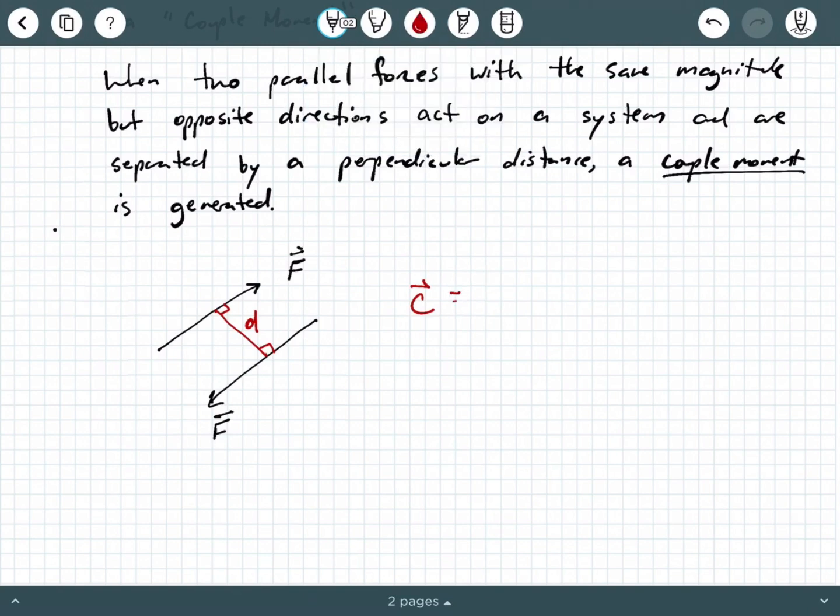You have a couple moment, which is still a vector, that is equal to D times F. Now, if you want to put this in vector form, it is still a cross product, D cross F or R cross F. In scalar form, of course, it's just D times F. So in two dimensions, we definitely use the scalar form most of the time, pretty much all the time. In three dimensions, we use the Cartesian vector notation, and that's pretty much it.